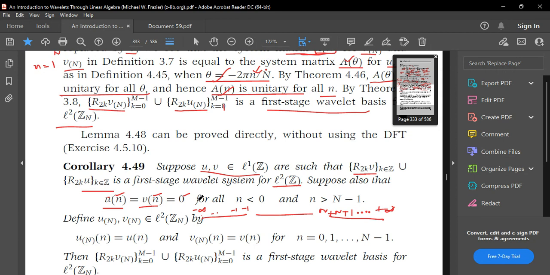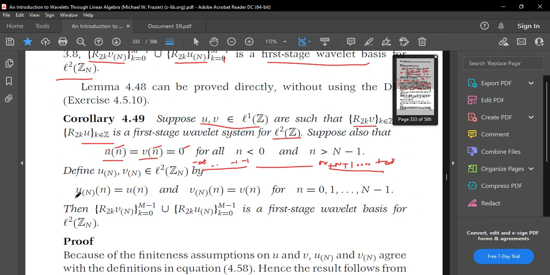We define uN and vN belonging to L2 of Z_N. We can define them because these finite terms are non-zero, with uN of n equal to u of n and vN of n equal to v of n. By this condition, we can write uN of n equal to summation over k belonging to Z of u of n plus kN. In this format we can write this vector. Why? Because here uN of n is equal to u of n.